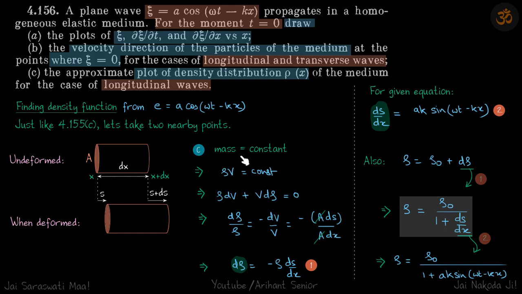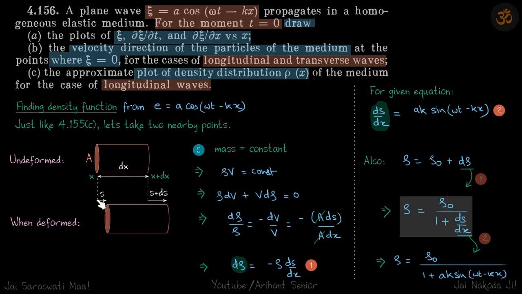Now let's start. We know mass is constant, so rho v is equal to constant. This is always true. If we differentiate that, we get rho dv plus v d rho is equal to 0, or d rho by rho is equal to minus dv by v. Now you can see the actual change in volume is ds into A. Just think about it, you will understand.